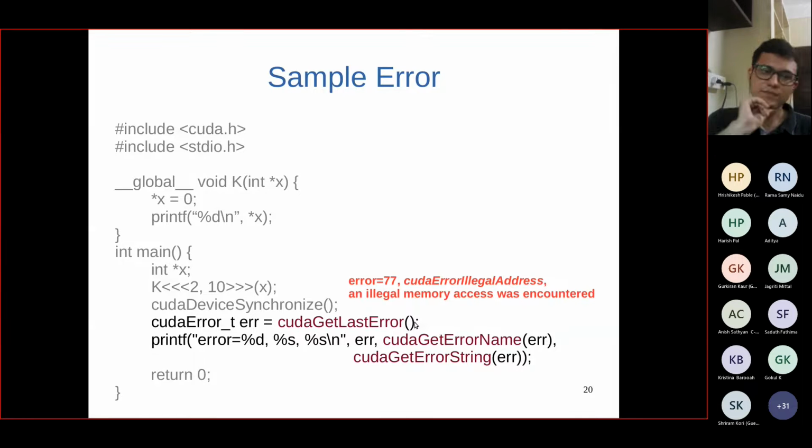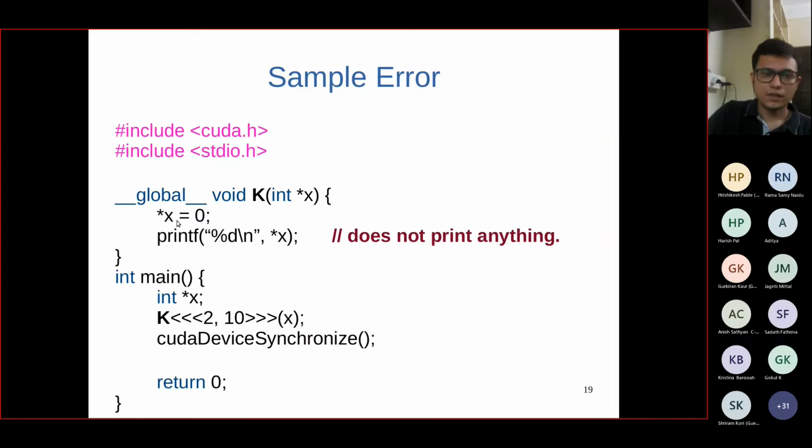What this function does is it returns the last error that was reported by this CUDA kernel. Please note that whatever error is occurring inside this kernel might not be reported back to the CPU, since this null pointer dereferencing is happening on the GPU, and that's why we might not know what is actually going on.